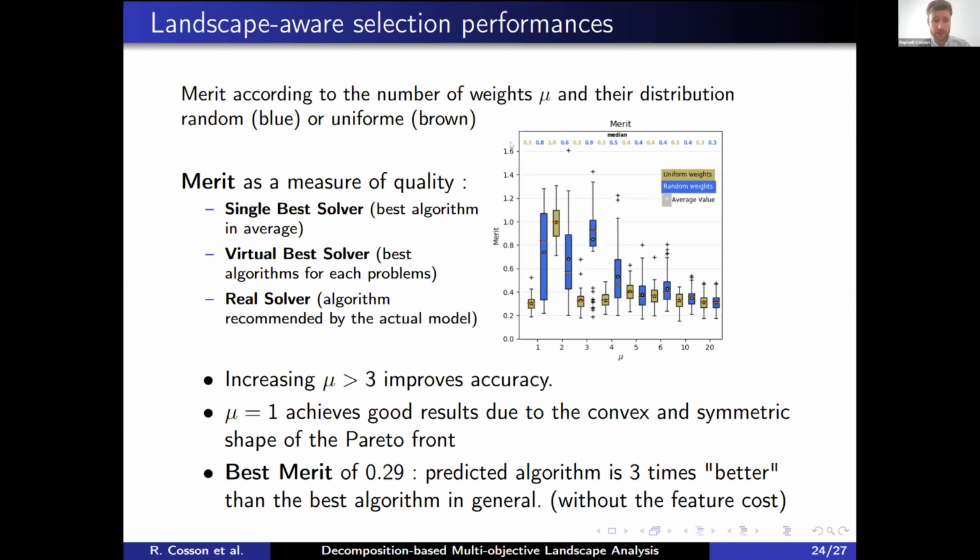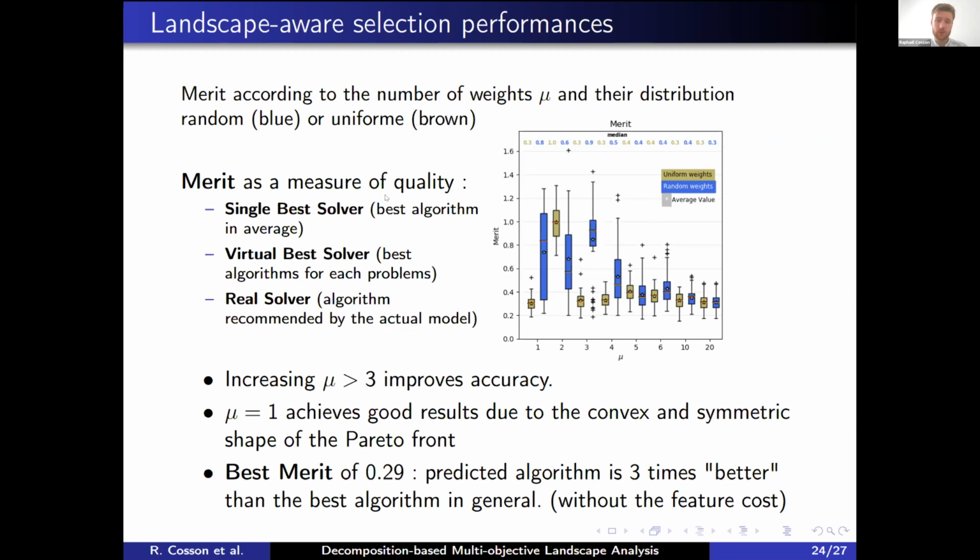As a measure of quality, we use a notion which is the merit. There are also others in the article, but here we will present this one. The merit is a way to compare performances between what we call the single best solver, the best algorithm on average, the virtual best solver, the best algorithm for each problem, and the real solver, so the actual algorithm recommended by the learning model.